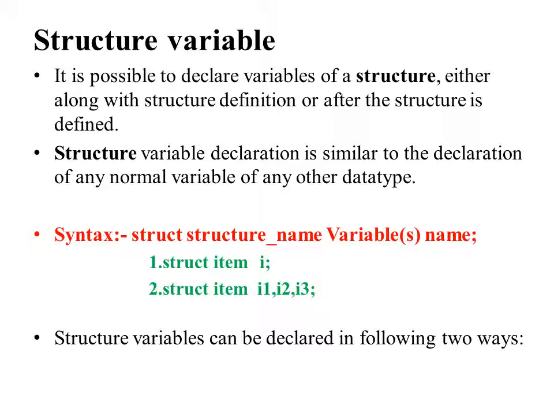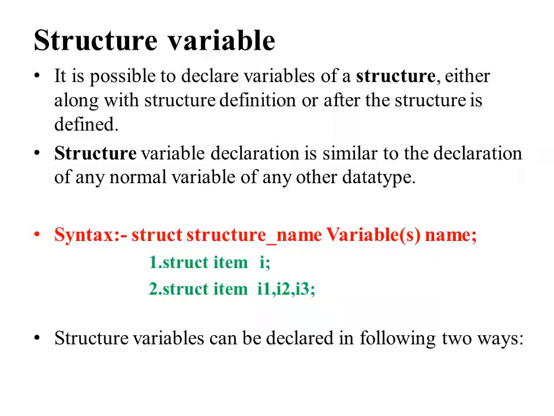But what about the structure? Because in a structure we are mixing some integer values, some float values, some character values, and so on. So what is the final data type of this structure? It is very difficult to decide, and that's why the structure data type is called a user defined data type. And to deal with this data type, we require some kind of helping hands, and these are called structure variables.